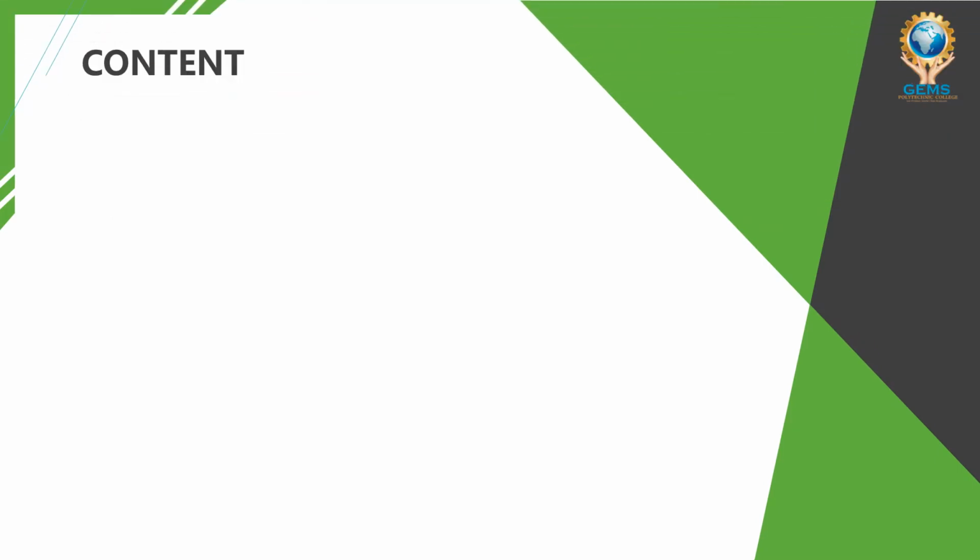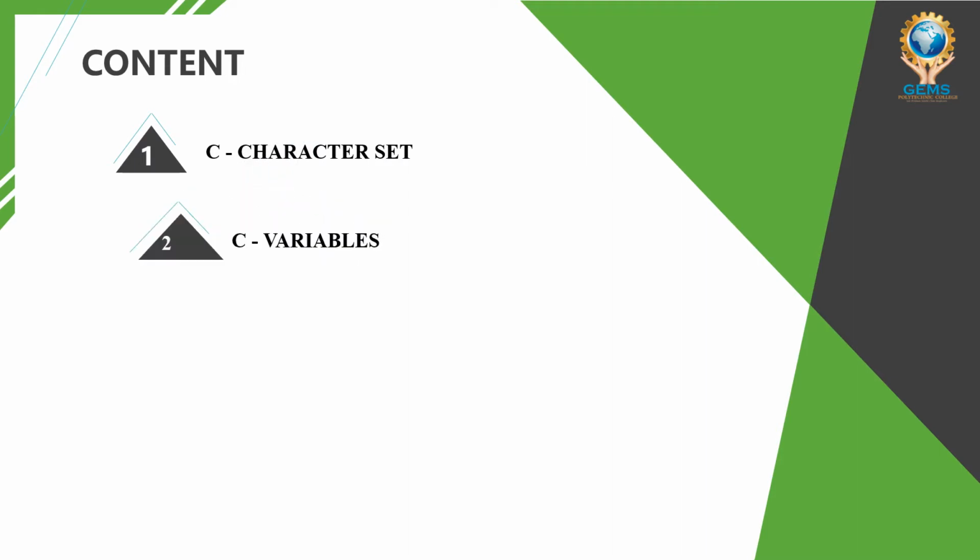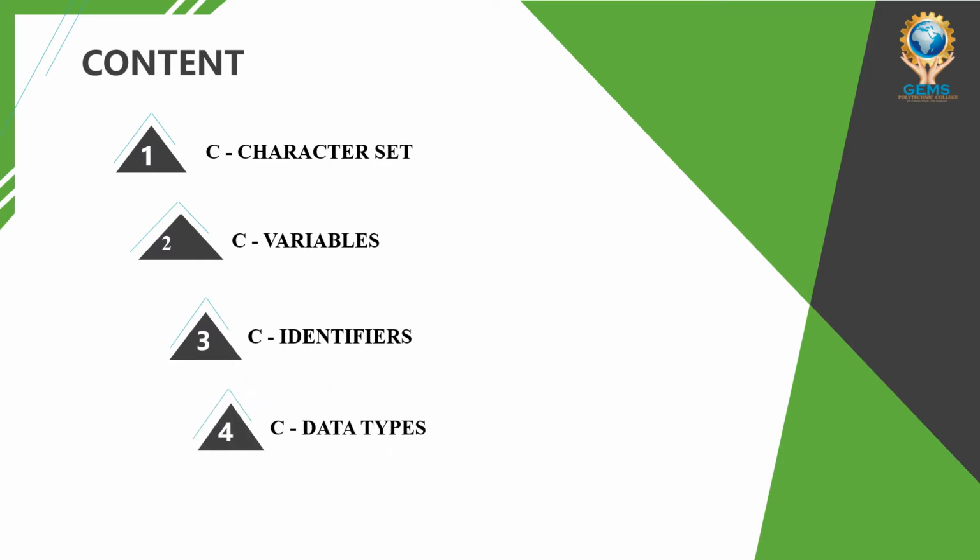The content of today's video lecture is: we are going to see the character set, then variables, then identifiers in the C programming language, and finally the data types in the C programming language. So these are the four contents of today's video lecture.